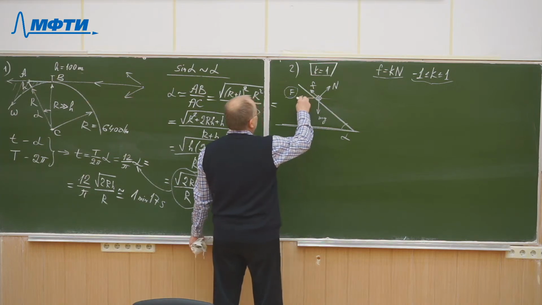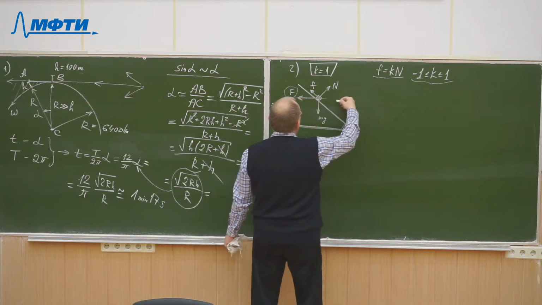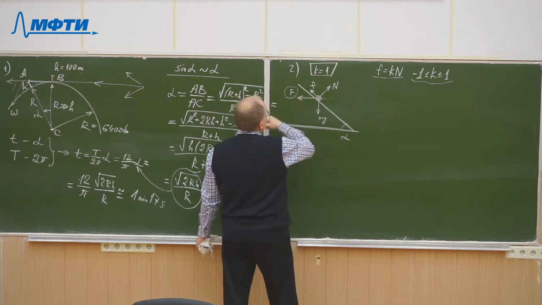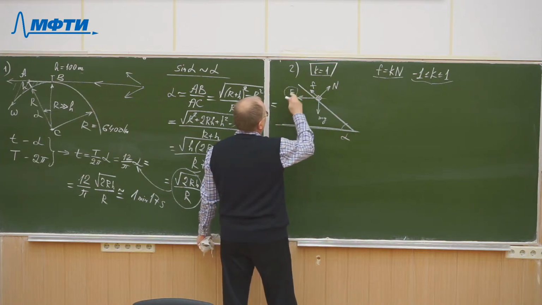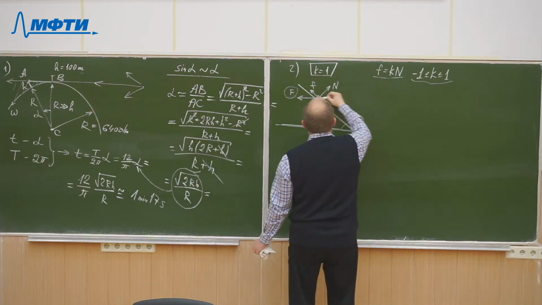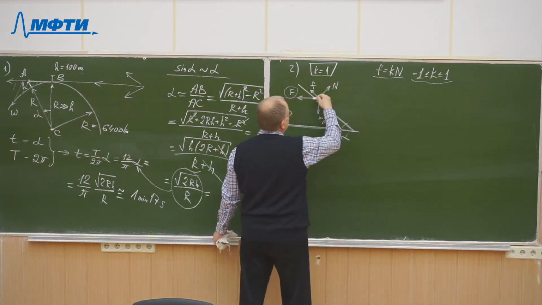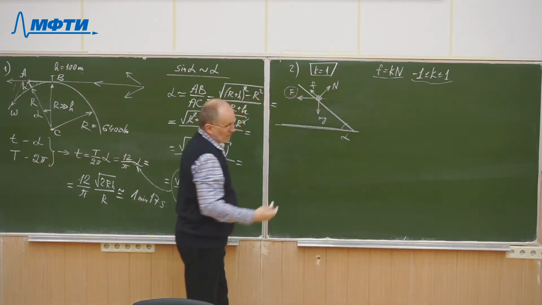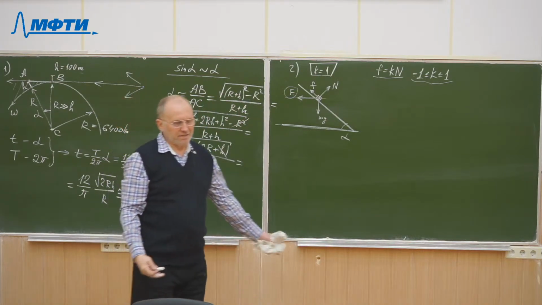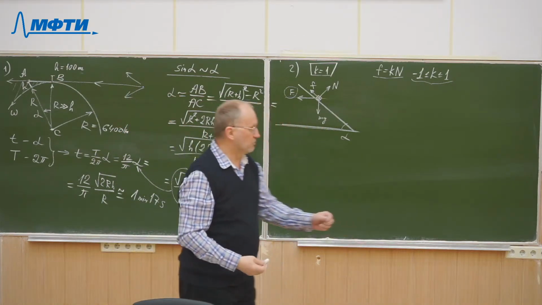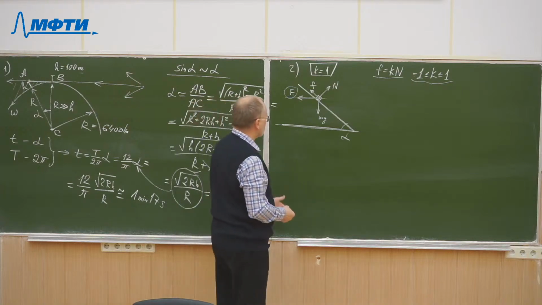Also, the force F may be positive or negative. If we push the body in this direction, then the force F is positive. But if we pull this thread attached to this body, then the force will be negative. All this can easily be taken into account by our algebraic consideration.